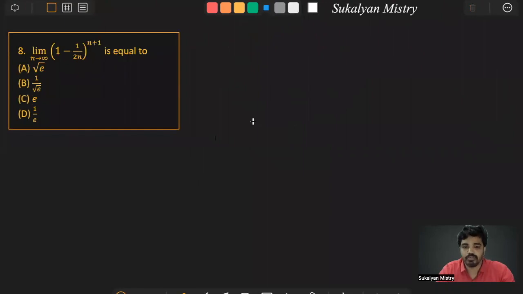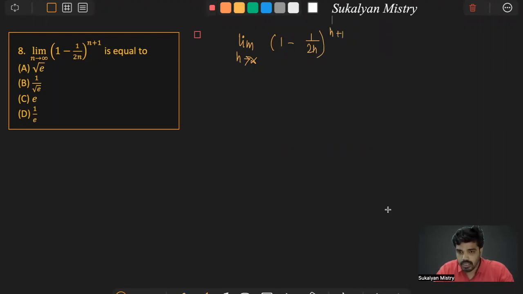It is a very very important example. Look, the concept of limits that we discussed a little while ago. Here we have to calculate limit n tending to infinity of (1 minus 1 by 2n) to the power n plus 1. Okay, what trick did I tell you? Note down this trick.